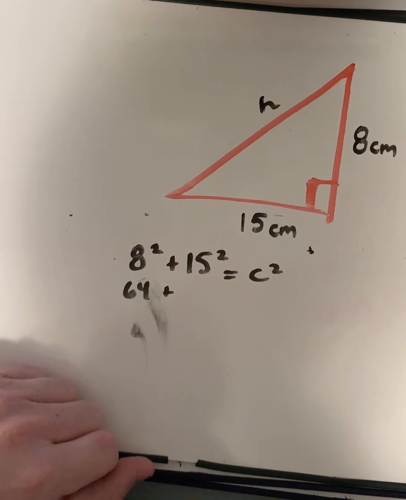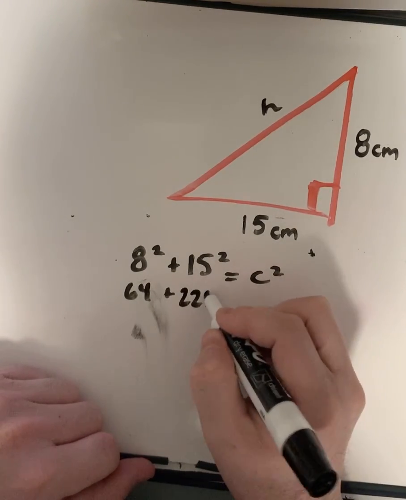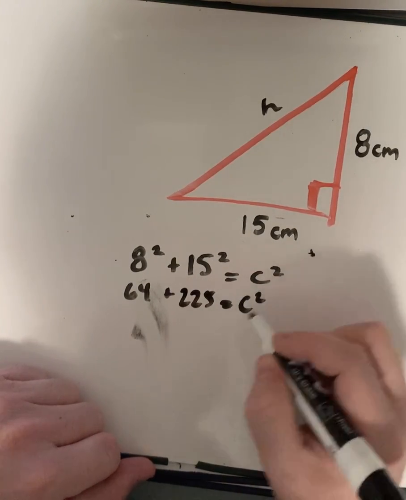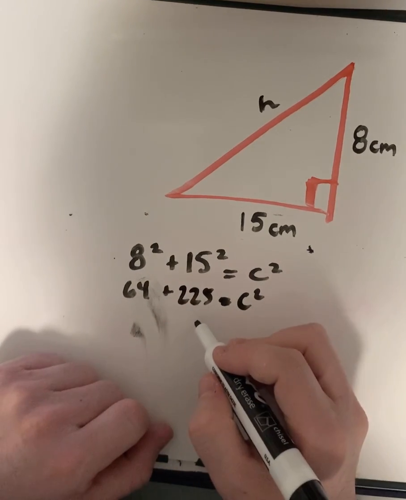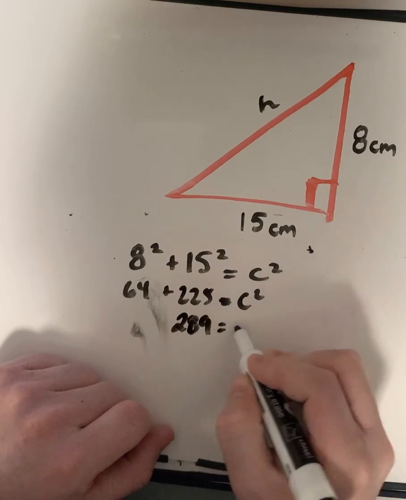Anything? Scream it out if you know it. Is 225, that's right, equals c squared. 64 plus 225 is 289 equals c squared.